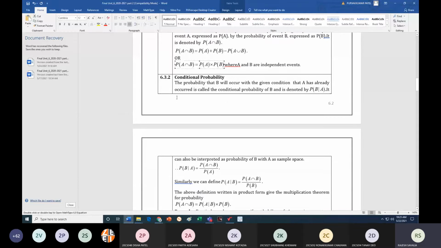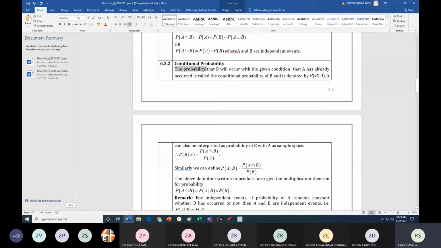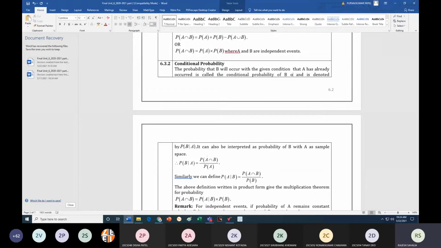Next, conditional probability. Conditional probability says the probability that B will occur with the given condition that A has already occurred is called the conditional probability of B over A. It is denoted by probability of B over A. B over A says A is done, after that B event occurred.